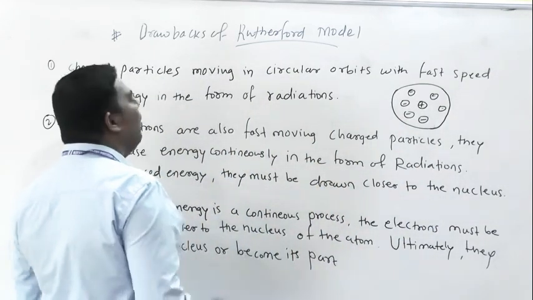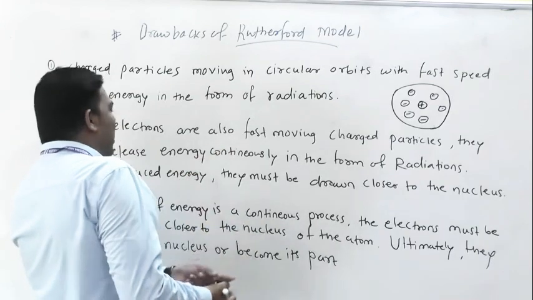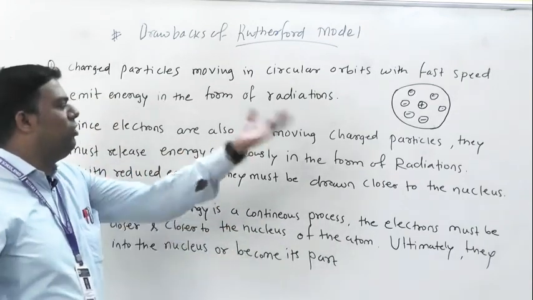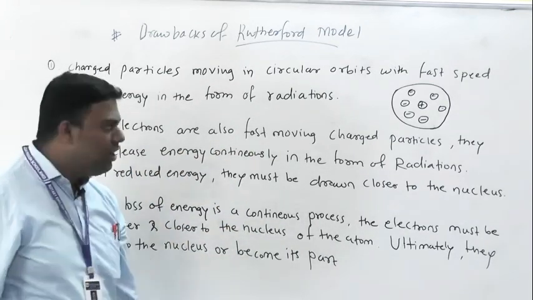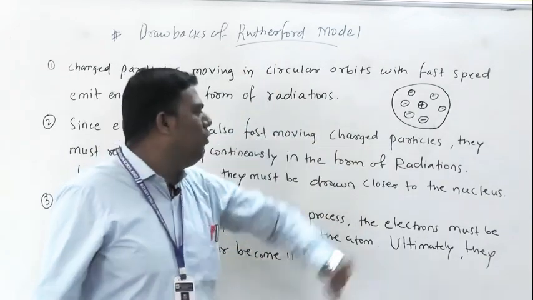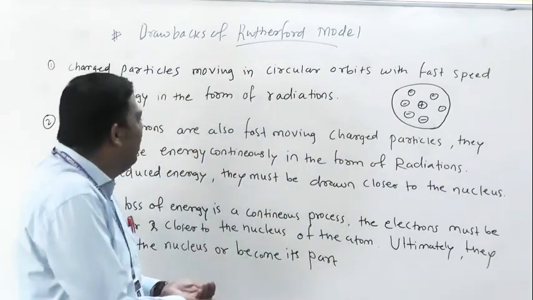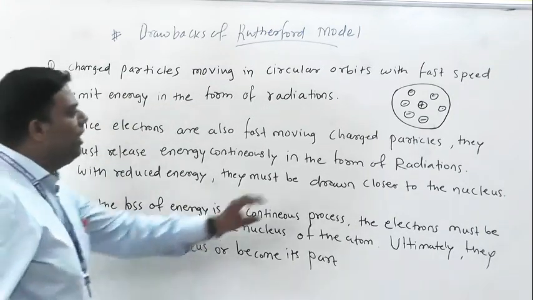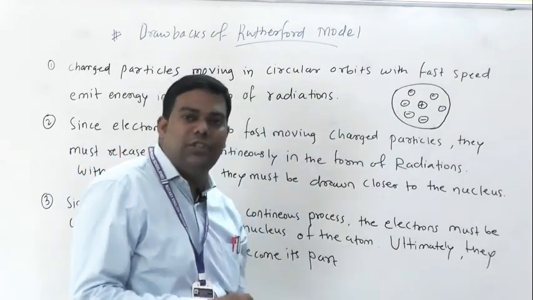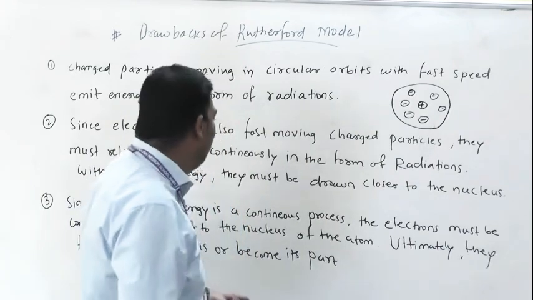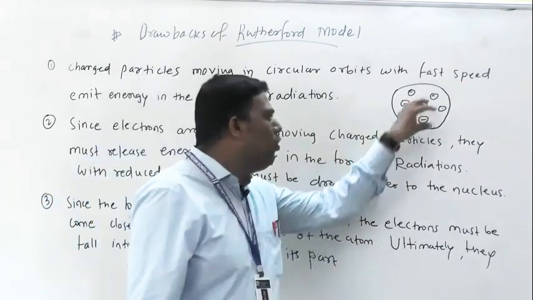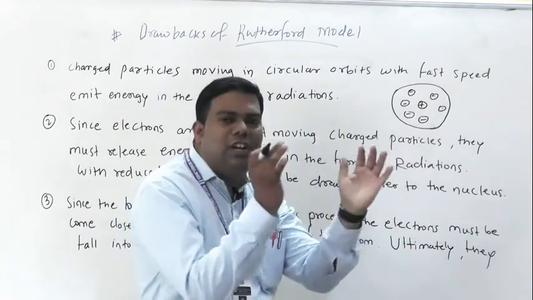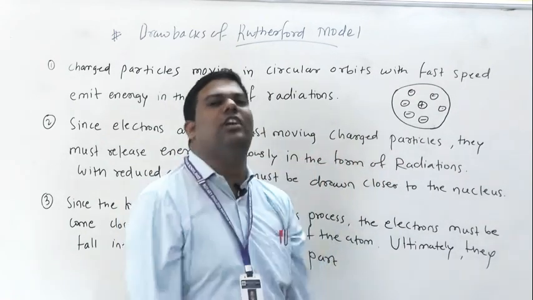Being fast moving charged particles, they must release energy continuously in the form of radiation. So the energy will decrease, and with reduced energy they must be drawn closer and closer to the nucleus.